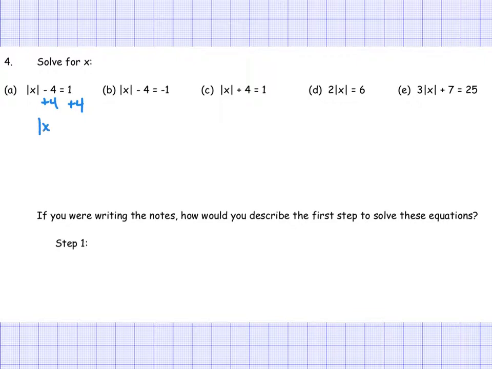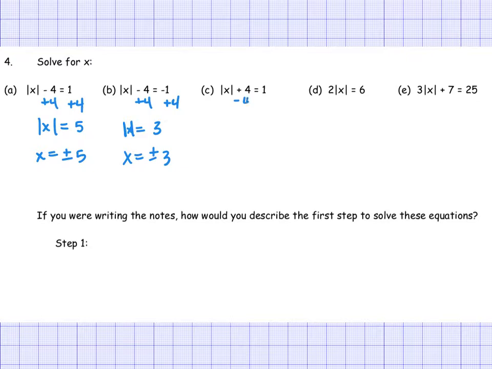So I've got the absolute value of x equals 5. I know that x can equal 5 or negative 5, so that's my answer on that one. On part B, I'm going to add 4 to both sides. So I've got the absolute value of x equals 3, so x is positive or negative 3.